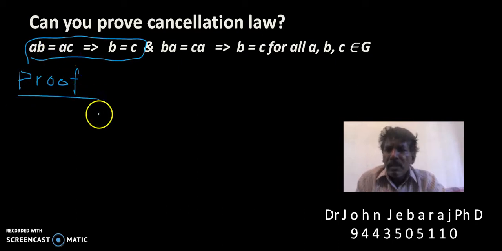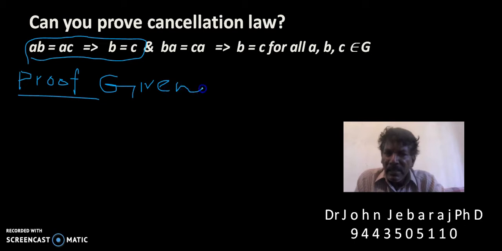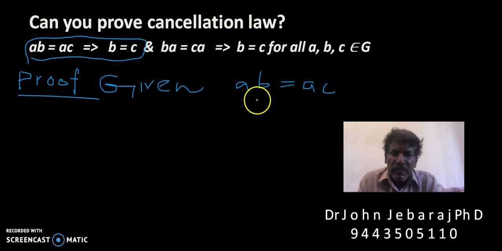We cannot accept this fact; we have to prove this. What is given to us is that AB is equal to AC, for any A, B, C belonging to G. This is given to us.